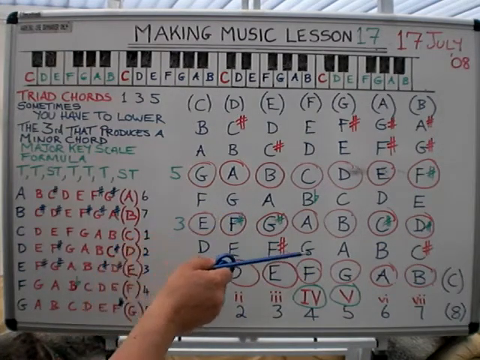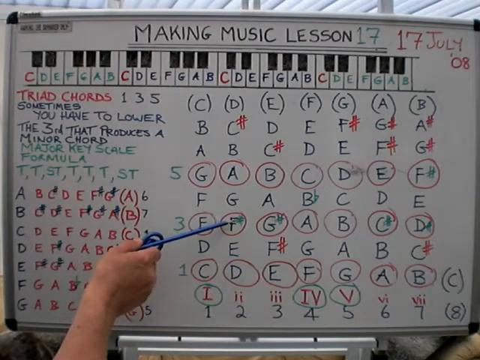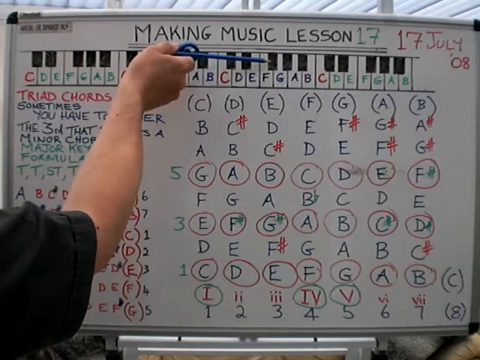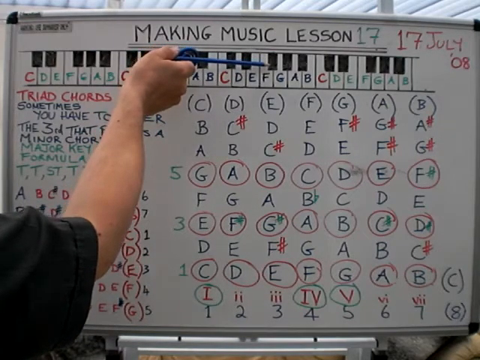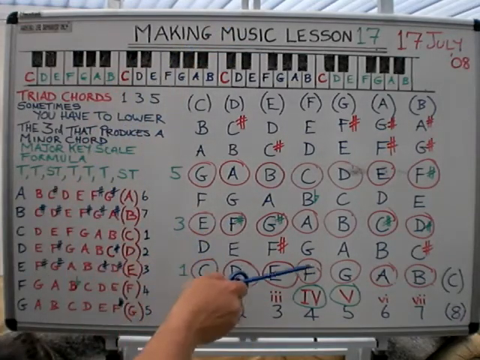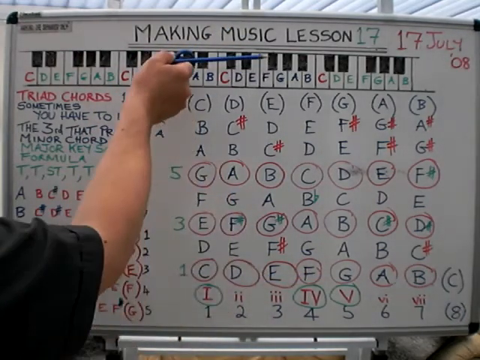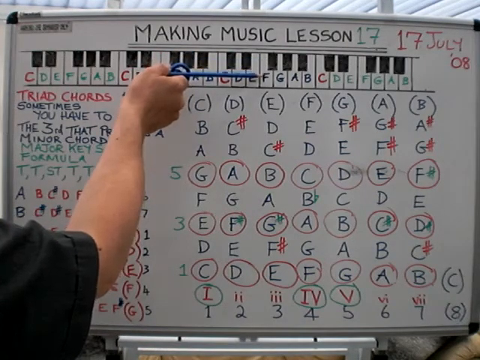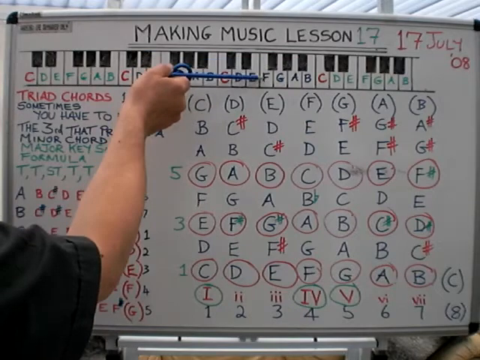This has to be the same as that. So if we looked at an F sharp up here, say, on the enharmonic black key, in order to make that F sharp the same as this, we have to lower it. We won't use a flat sign for this, we'll just lower it to the normal F.